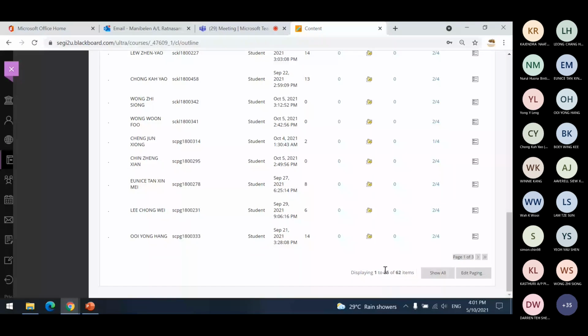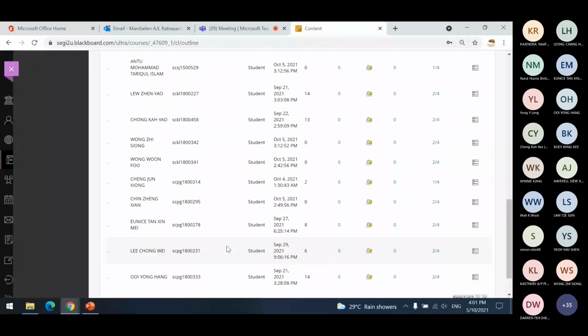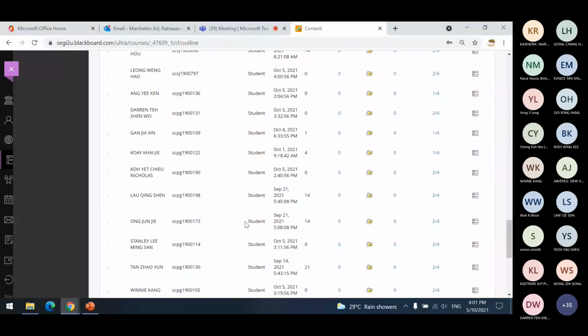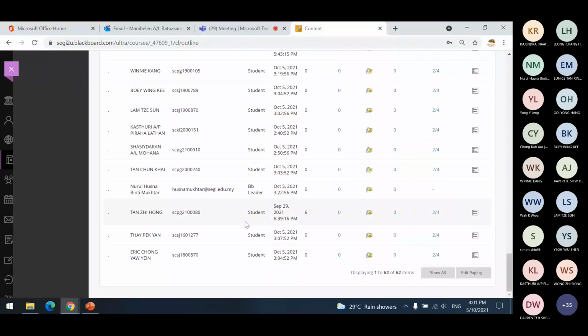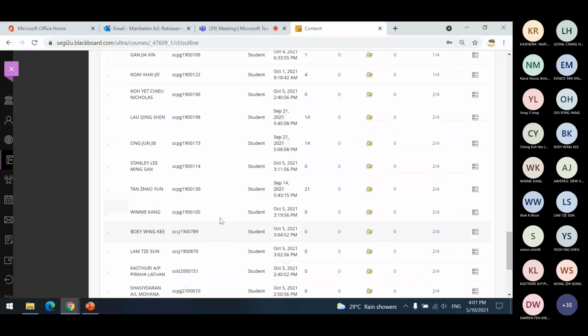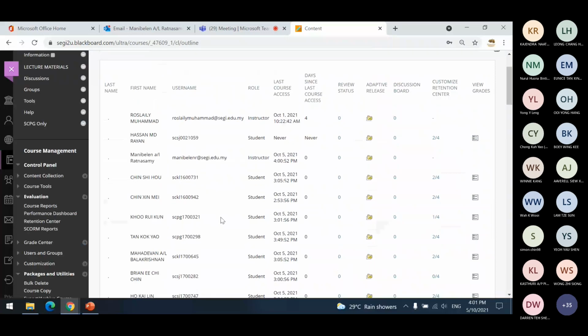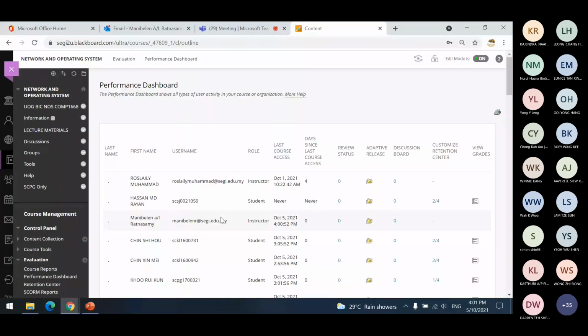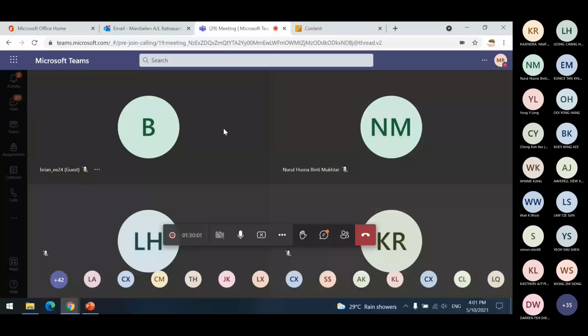It's a waste of time if I call one by one like school children. So normally I will just check the details here. I will get everyone's attendance from these details. And please log in to Blackboard if you have not. It is very important to have access to Blackboard and to this MS Teams.